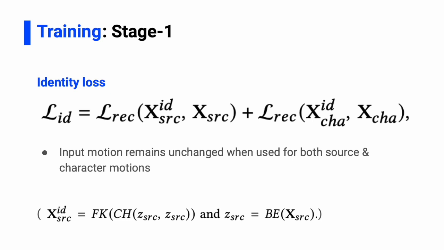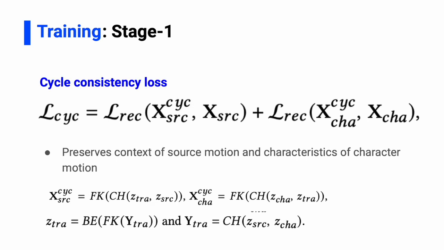X with a superscript ID and a subscript source represents characterizing and applying forward kinematics of Z subscript source. This Z subscript source means applying body part encoder of input source motion. Likewise, we calculate reconstruction loss for character motions in the same way. Also, we employ cycle consistency loss to guarantee that result motion Y subscript translation preserves the context of source motion and characteristics of character motion.